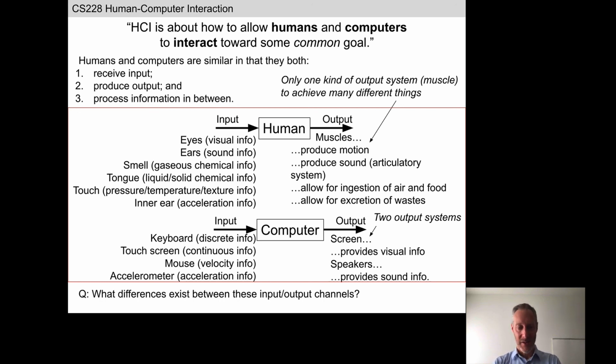What differences exist, just if we talk about input and output devices or channels? What's different about the way that input devices work for humans, compared to input devices for computers or output devices? Sampling rate, okay.